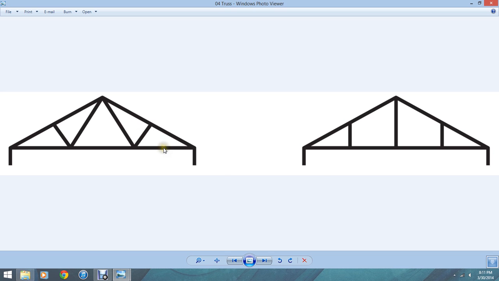The second truss has 3 vertical struts inside, creating a symmetrical pattern with a triangle and a trapezoid on each side. There are short vertical lines underneath and at the outer edges of the triangular trusses. These represent where the trusses are attached to the walls of the building.